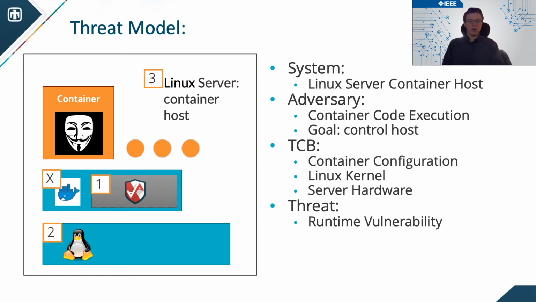The goal of the adversary, regardless, is to control the container host by exploiting the vulnerability accessible inside the container. For our trusted computing base, we assumed that the container profile configuration, the Linux kernel, and server hardware were all secure. This forced the adversary to escape the container utilizing a container runtime vulnerability.